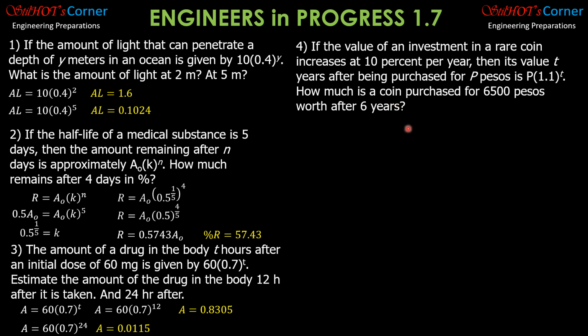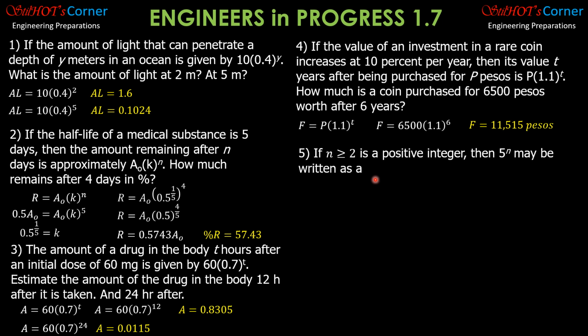So we just substitute here where P is 6,500. So future worth is P times 1.1 to the T, so equals 6,500 times 1.1 to the 6. And again, using your calculator there, it is equal to 11,515 pesos in value.